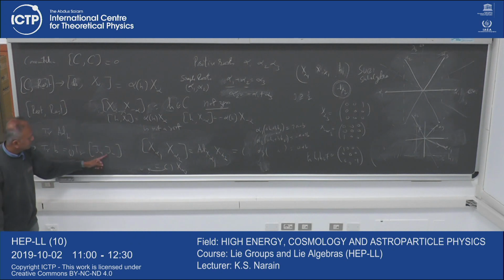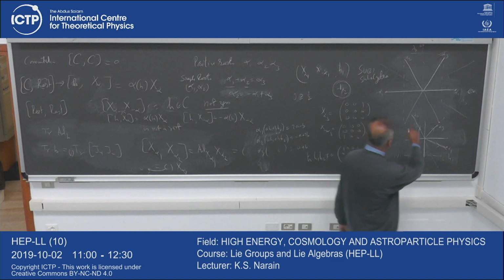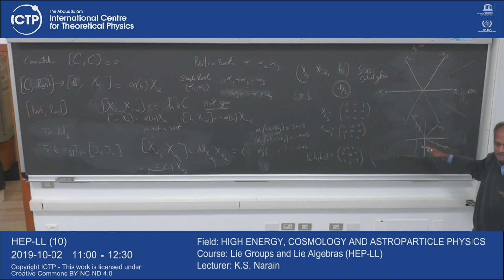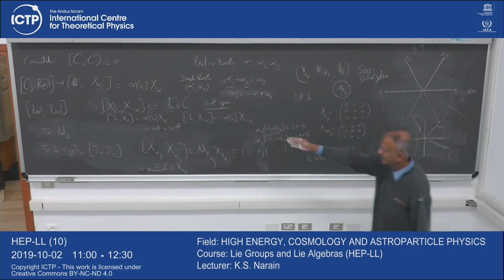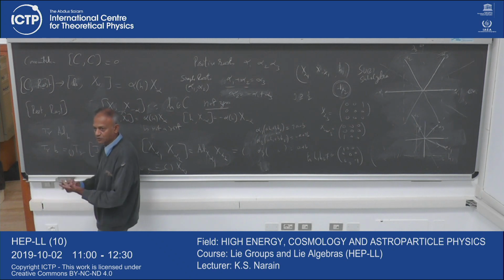So from this you can prove that if I take the eigenvalues of a given H and trace over the full representation, it must be 0, and that is true for any H. In the SU2 case there was only one H, it was one dimensional. In the SU3 case it's 2 dimensional.